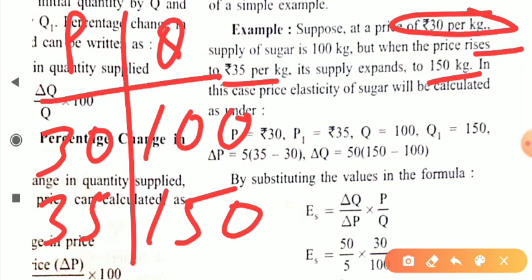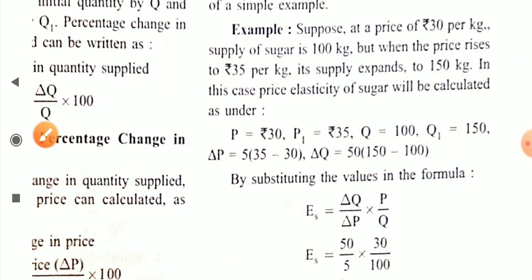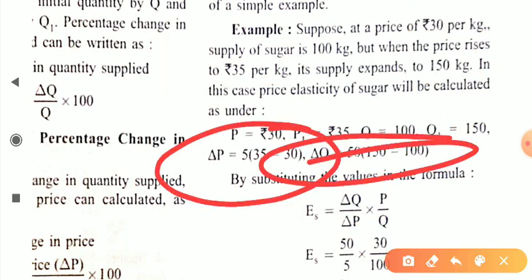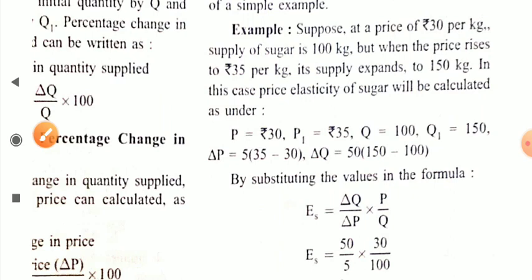Now you can easily calculate ΔQ, which is 150 minus 100, and you get 50. You can see ΔQ as 50. Similarly you can get ΔP. ΔP means 35 minus 30, you can easily get 5.